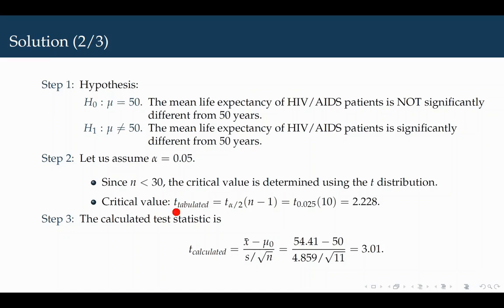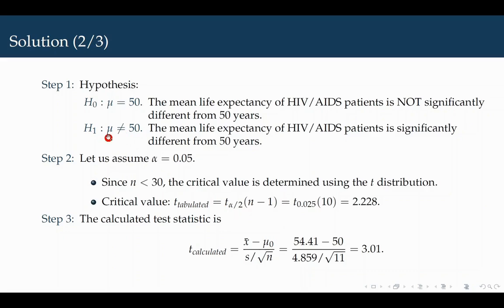T tabulated is nothing but T alpha over 2, and the T distribution has n minus 1 degrees of freedom. So here we use T alpha over 2 because the alternative hypothesis is of the different from type. If it was a one-sided alternative hypothesis like less than 50 or greater than 50, we would have to make this T alpha.